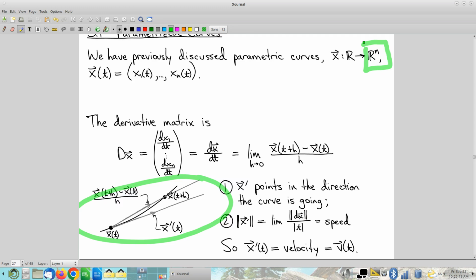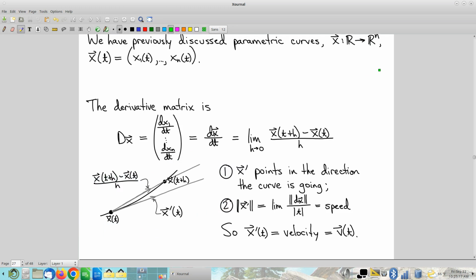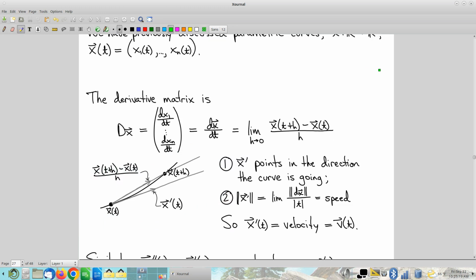What you'll notice pretty quickly is that this numerator just represents displacement, right? Between time t and time t plus h, those are two positions. The difference of two positions is a displacement. What is h? H is the amount of time between t and t plus h, right?